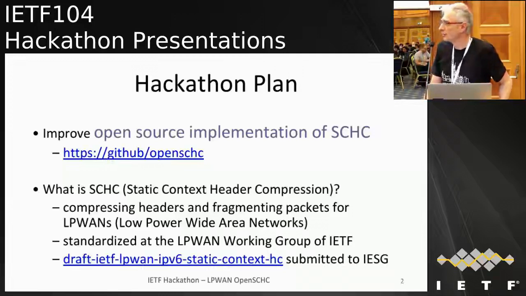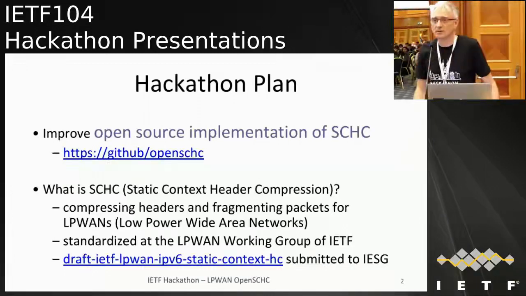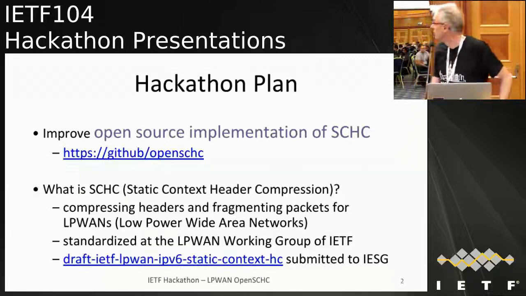The purpose of that protocol is to compress headers and do fragmentation and reassembly for extremely constrained networks with payloads typically of a few tens of bytes. So we intend to carry IPv6, UDP, CoAP messages over those kinds of networks. The current status is that we have a draft that describes the generic compression fragmentation engine that has been submitted to IESG for publication.